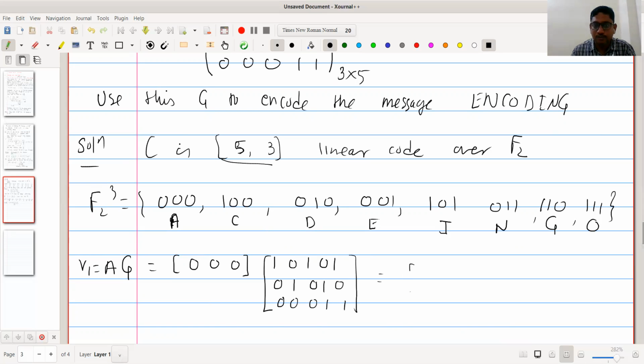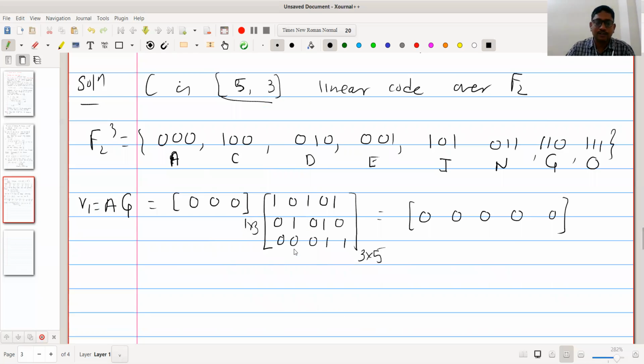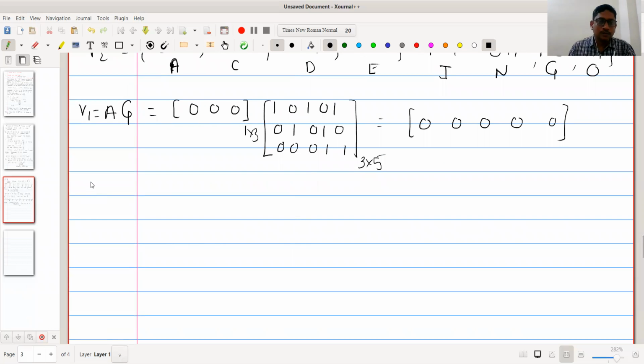This matrix is of order 1 row and 3 columns, and this is 3 rows and 5 columns. The product has to be 1 row and 5 columns. So you get 0 for the first column, 0 for the second, 0 for the third, 0 for the fourth, just by matrix multiplication. So V1 is AG, this.